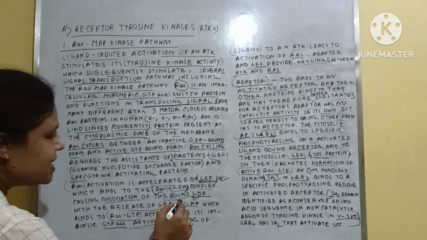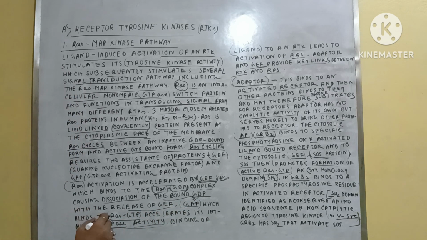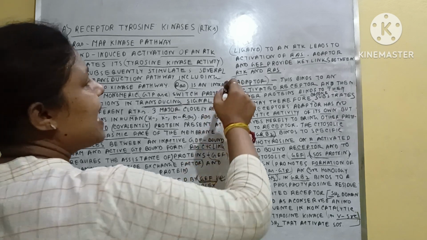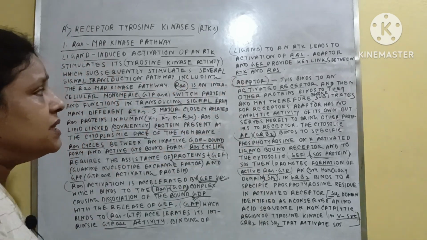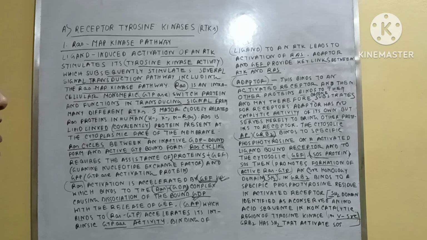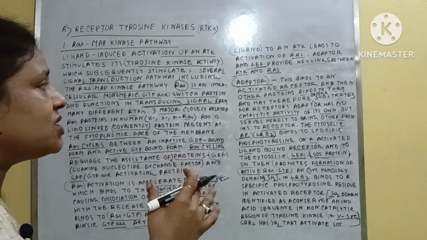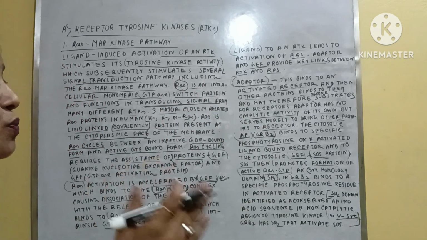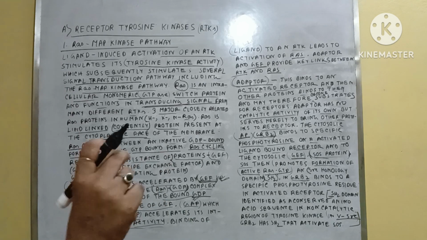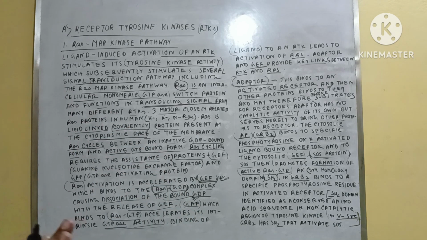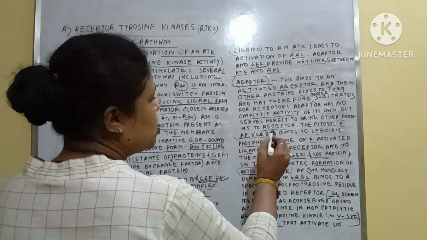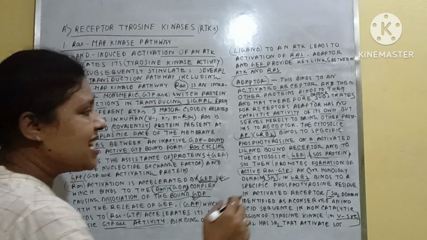But when GAP is bound with this RAS-GTP, that means it accelerates the GTPase activity. Clear? And the adapter protein does not have an important role in catalytic activity, but it brings other proteins to bind with the activated receptor, and these proteins have important roles, like GRB2 or the SOS protein.